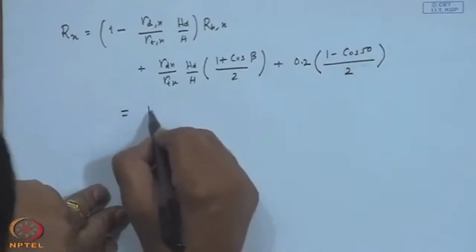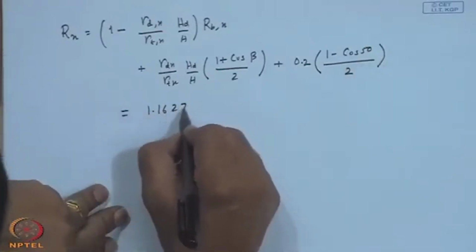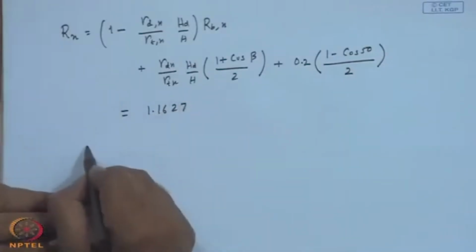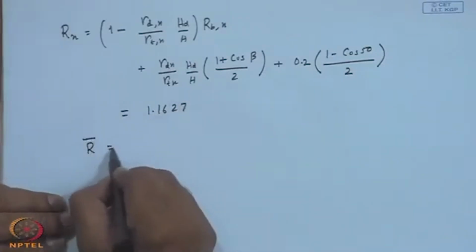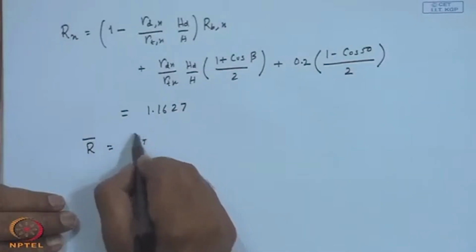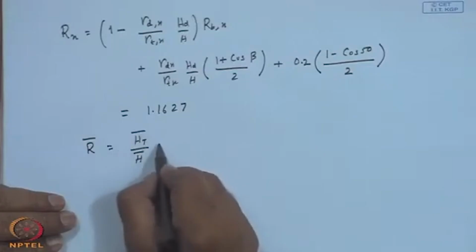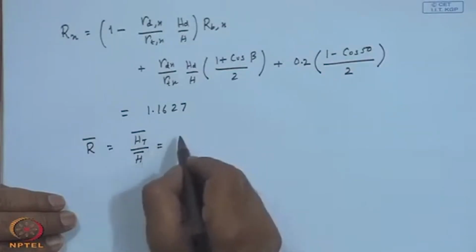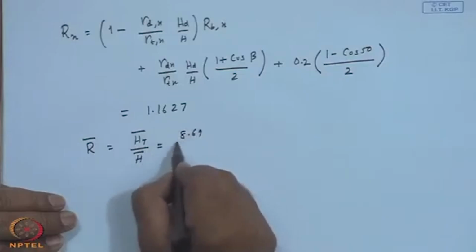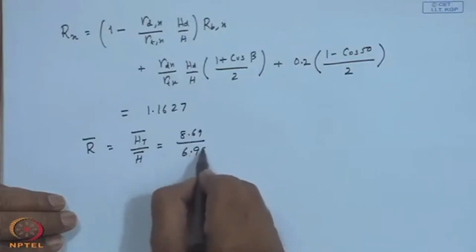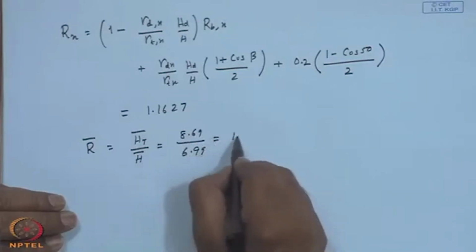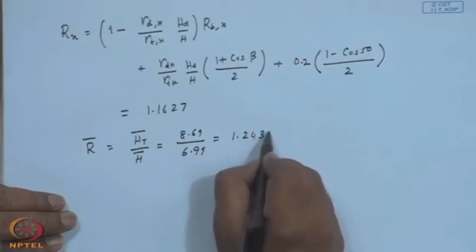This comes to 1.1627, and your R bar is h t bar by h bar equal to 8.69 by 6.99 equal to 1.2432.